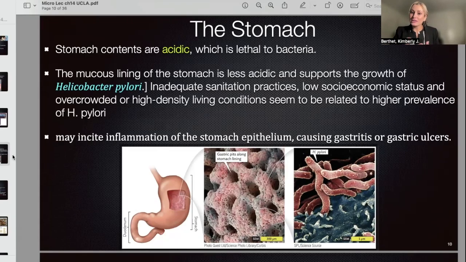So, as we know, the acid kills off most of the bacteria within the food we eat. There are some microorganisms that actually find this habitat, this acidic environment, to be extremely habitable. So you may or may not have heard of Helicobacter pylori. That is a microorganism that actually lives and thrives within the gastric pits within the stomach.